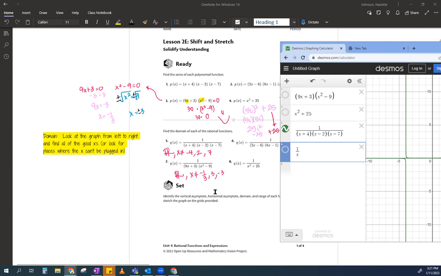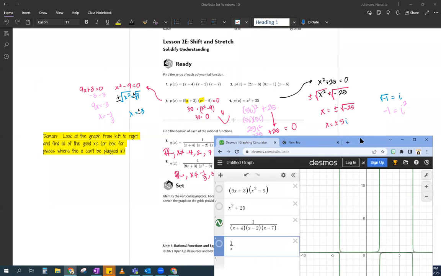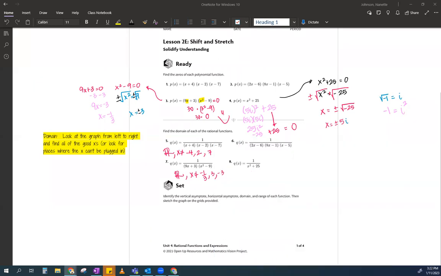Got it? So if you were going to explain this to someone else, what would you say? How do you find the domain of a rational function just looking at the actual function, not looking at the graph? What would you tell them to look at? Yeah, look at the denominator and then do what with it?